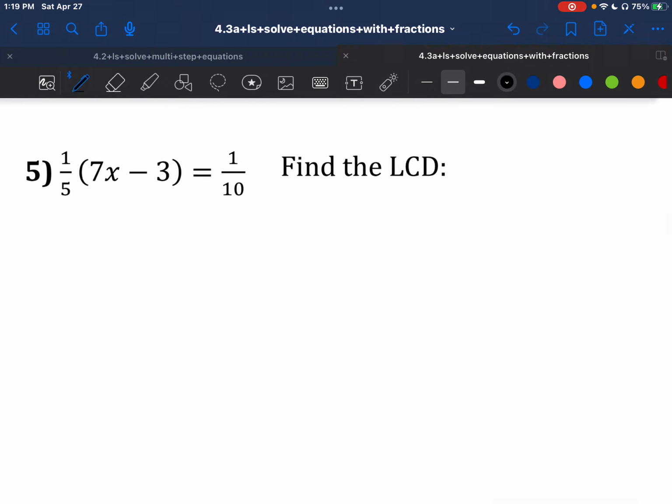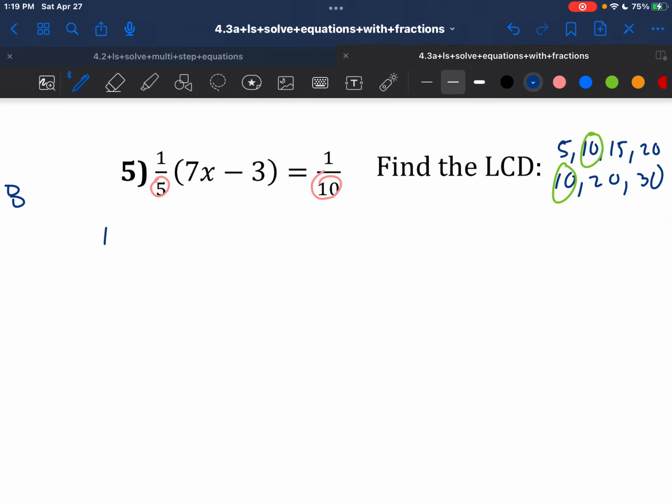So let's do the lowest common denominator of this one. So we have 5 and 10. So we can go like this and say 5, 10, 15, 20, 10, 20, 30. Lowest common denominator seems to be 10. So we can multiply the fractions by 10.